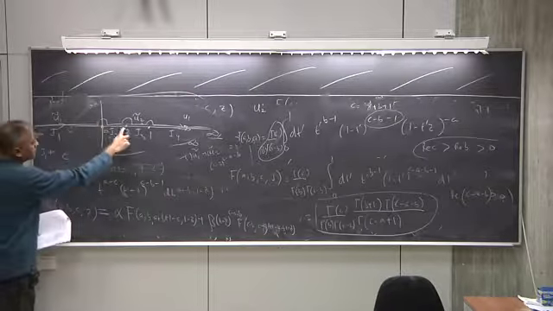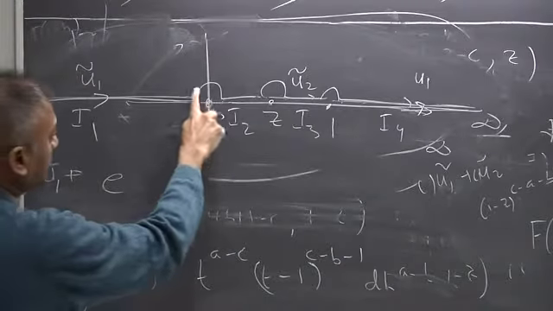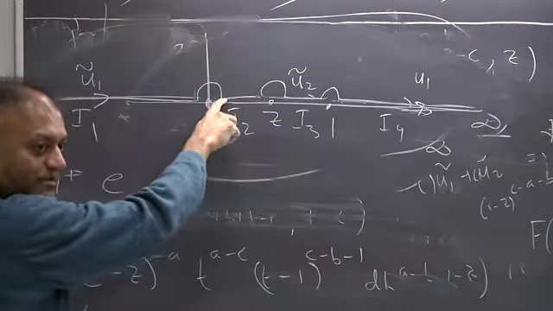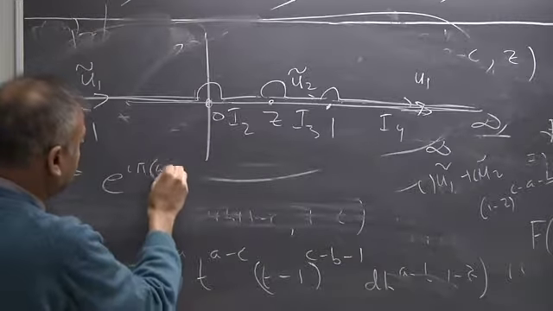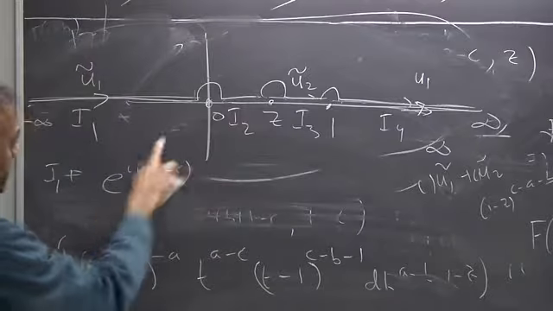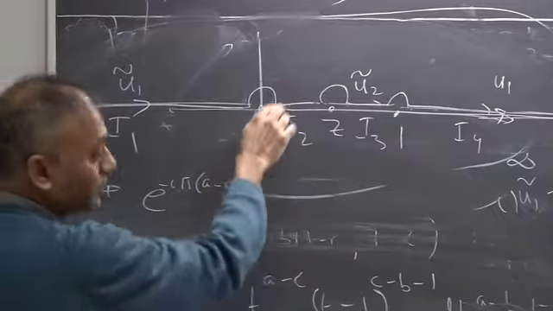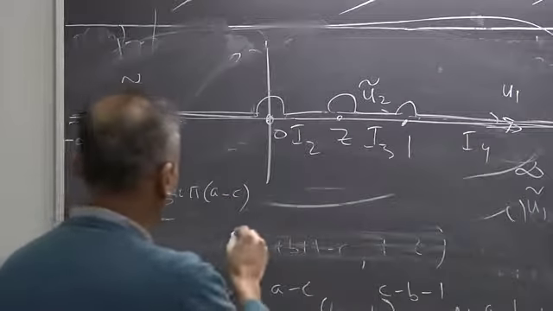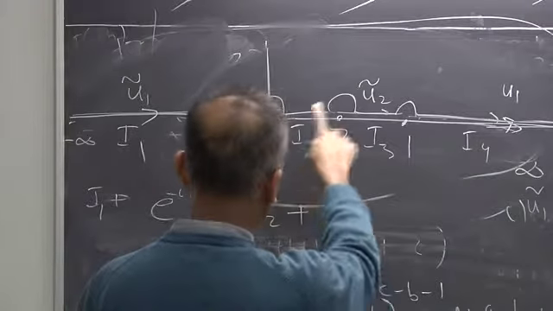Then when I come here, you get I2, but now you have to look at t equal to 0. I'm going around the t equal to 0 branch point, right? So I will get e to the power of i pi a minus c. i pi, not 2 i pi, because I'm only going pi angle. Minus i pi, because clockwise. Okay. Times I2 plus, now I go around t equal to z.